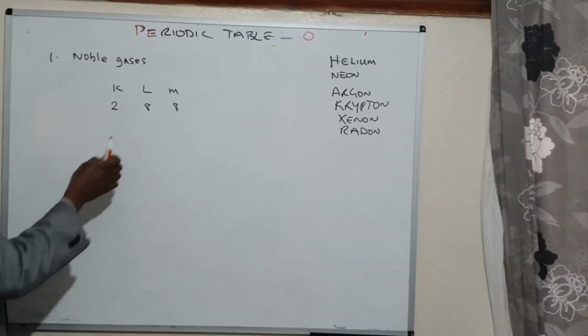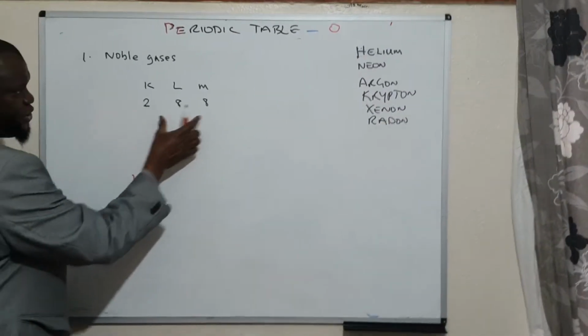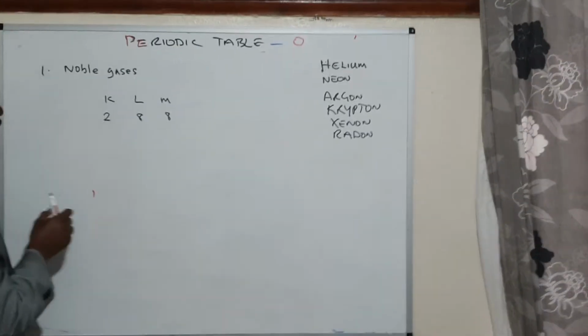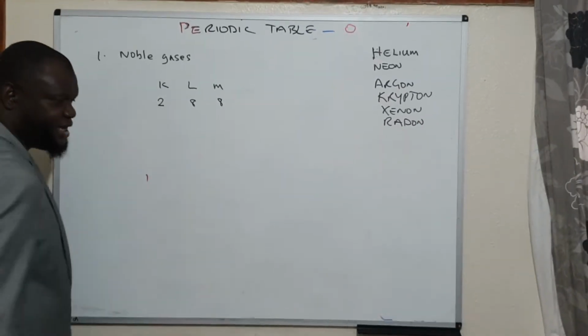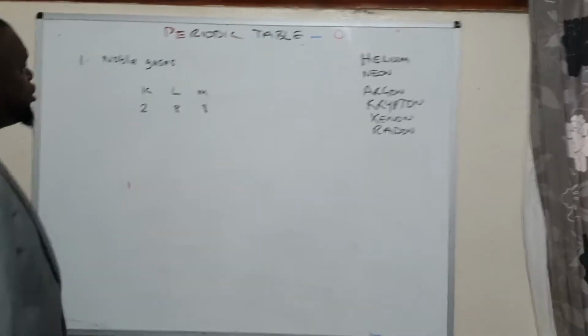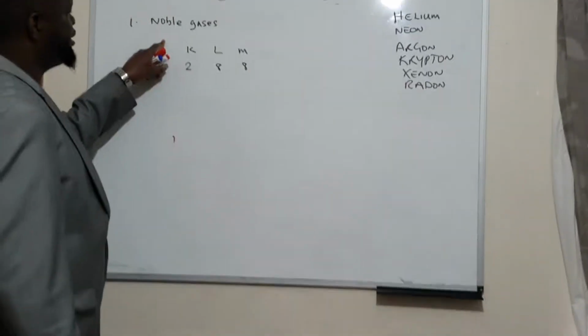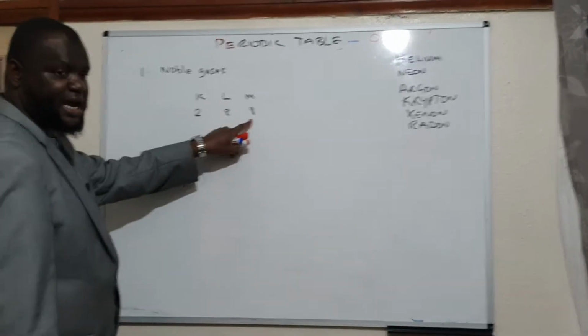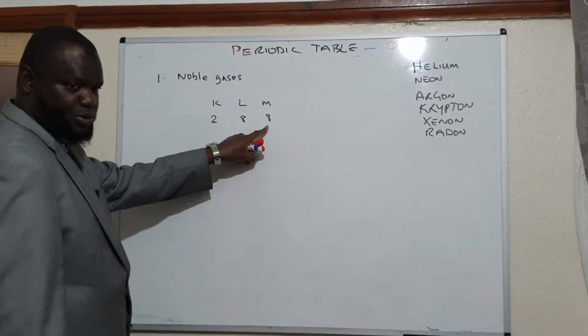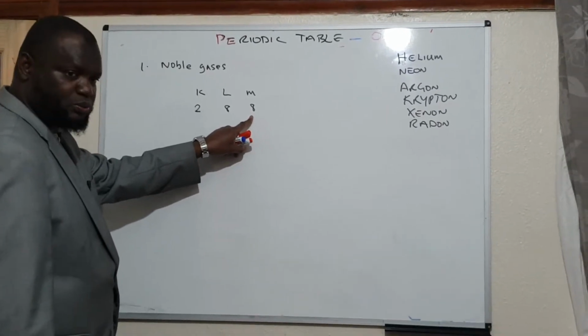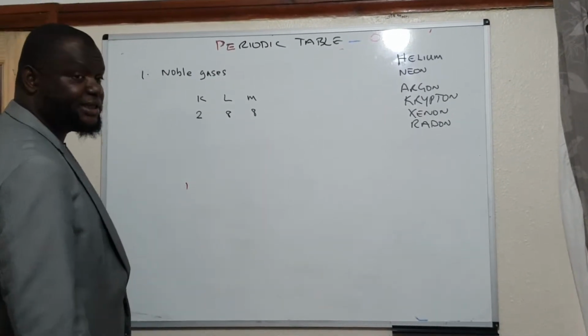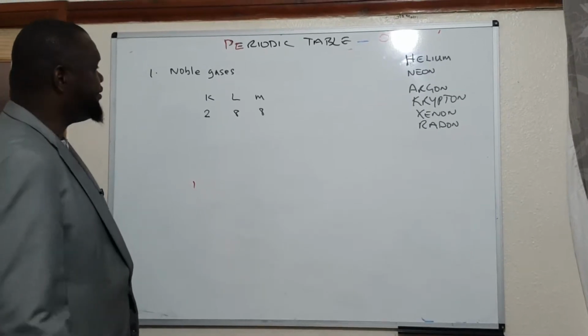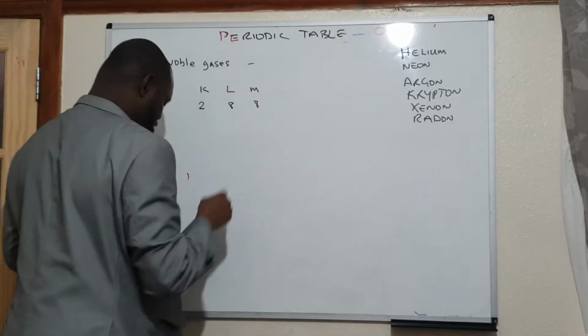That's why we call this a noble gas configuration, meaning it has the maximum number of electrons in the outermost shell. All the noble gases have 8 electrons in their outermost shell, that being the maximum. Therefore, noble gases are very, very unreactive.